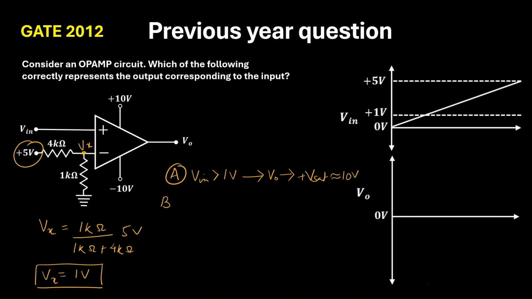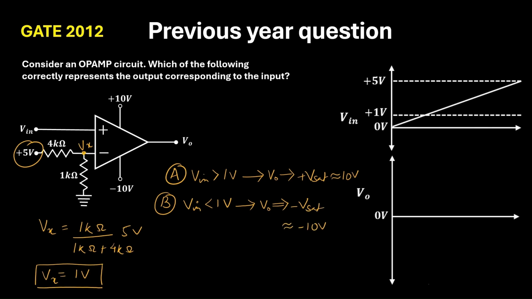Second case is the V input is less than 1 volt. That is, the voltage at the non-inverting input is lesser than the voltage at the inverting input. In this case, V naught will be driven to minus V saturation, which is approximately equal to minus 10 volt.